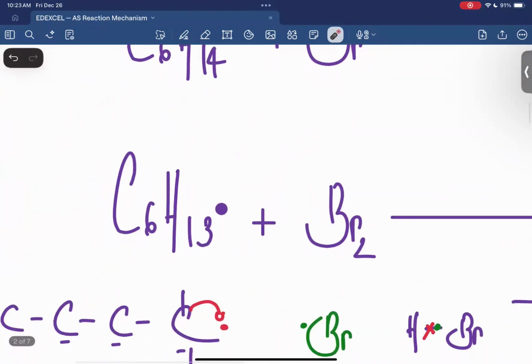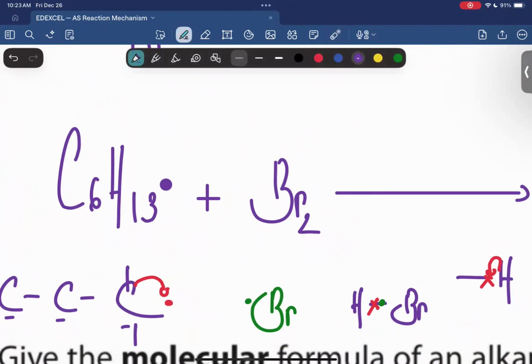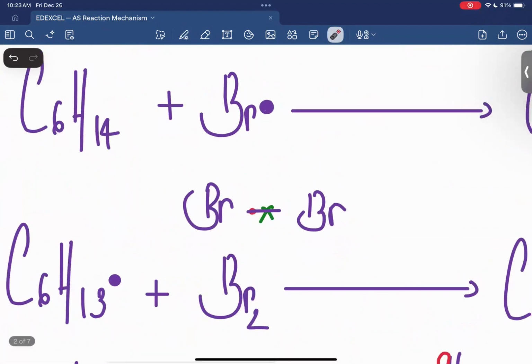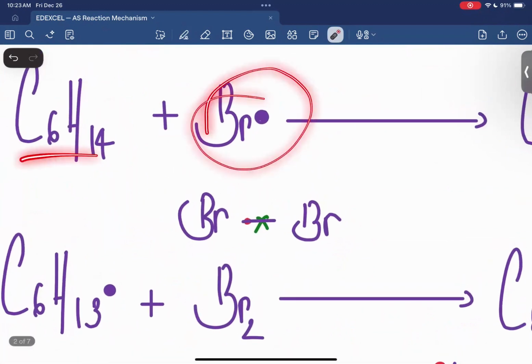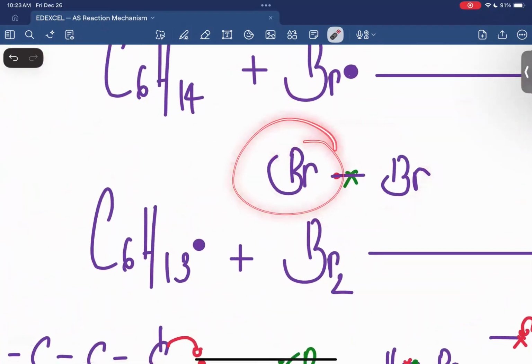Bromine is bonded to another bromine, so it will say, since this bromine radical, you have taken my hydrogen, I'm going to now take one of the bromines, with one of the electrons from you. And this is what happens.